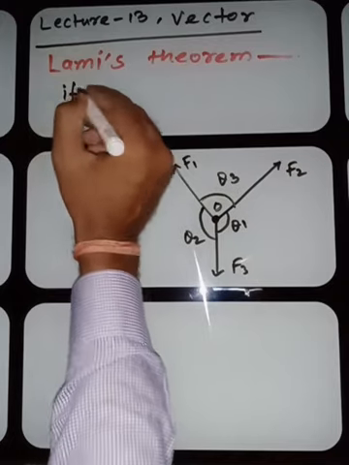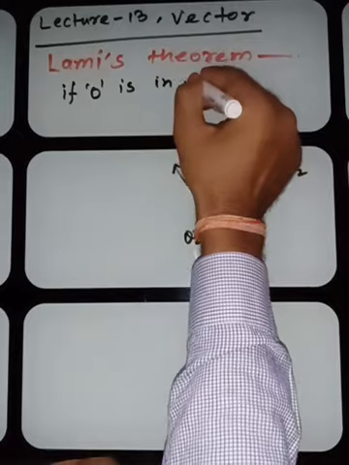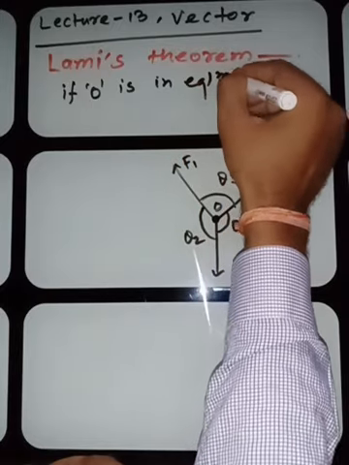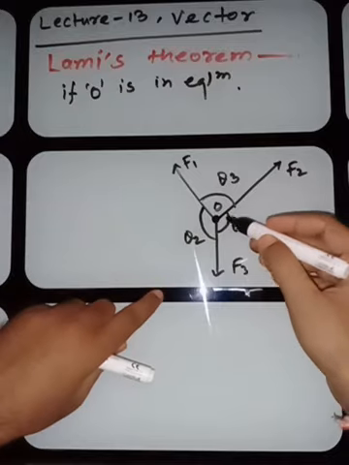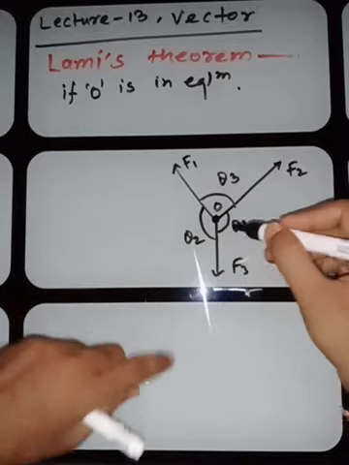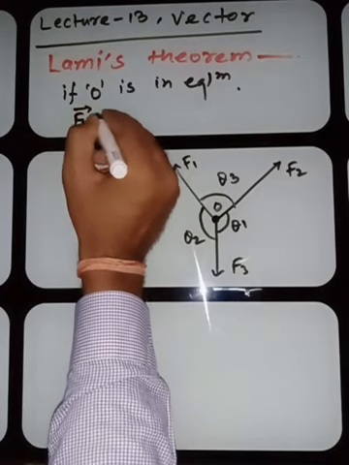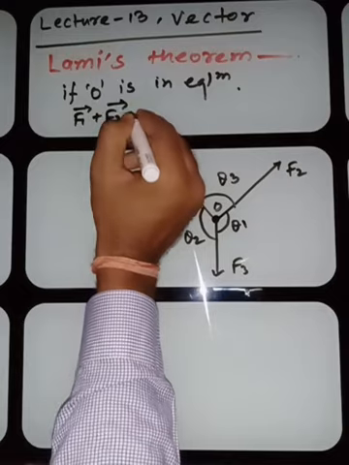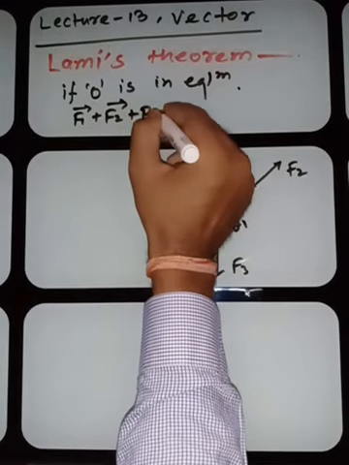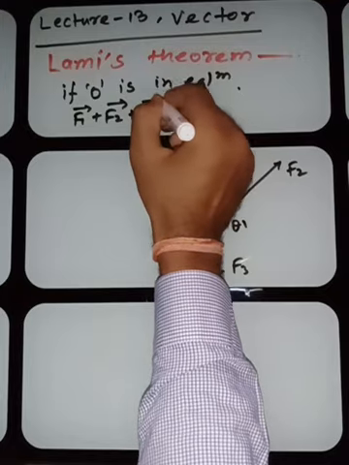If O is in equilibrium, what is the meaning of equilibrium? It means net force is 0. Vectorially, we write F1 plus F2 plus F3 is equal to how much?